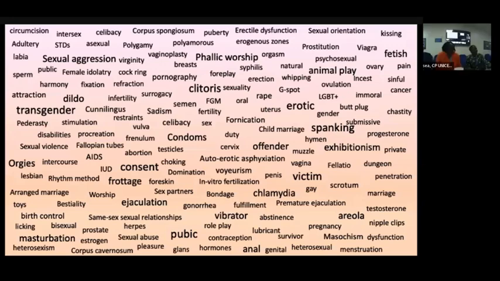Condoms. Exactly. I know we know what this is, but why don't you tell us anyway? Condoms are used for sexual protection, against sexually transmitted diseases and sicknesses such as HIV, and also for birth control.